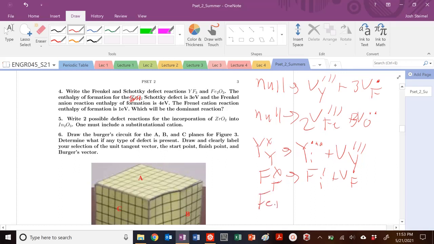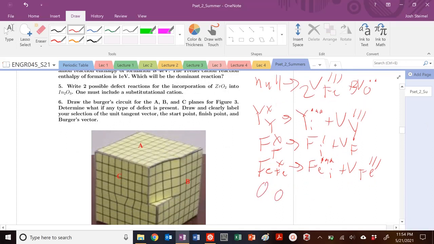So Fe, and hopefully you get the picture. Fe, we're going to do minus, or actually plus 3. 1, 2, 3 on an interstitial plus vacancy of Fe, 3. And then finally, let's just get our oxygen in here. So oxygen interstitial, 1, 2, plus vacancy oxygen, 1, 2.